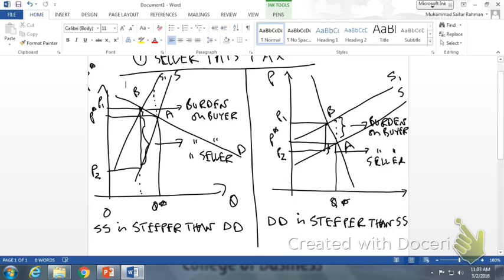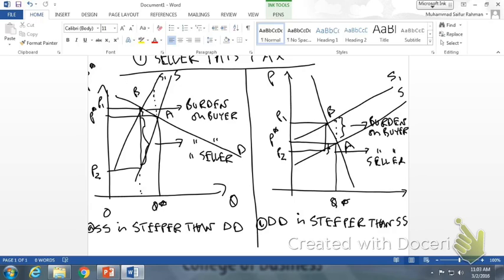Now, who is paying the larger share of the tax burden in case number 2? Do we all see that? This is A and this is B. Do we all see that in this case, the gap between P1 and P star is larger than the gap between P2 and P star? So our buyer is paying the larger share of the tax burden.